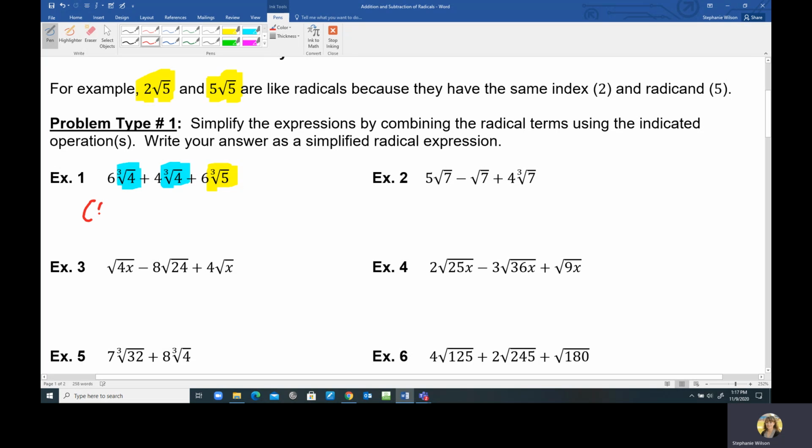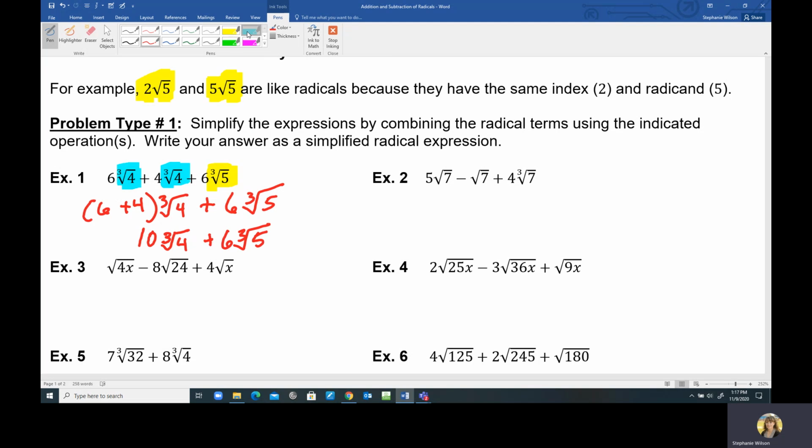I'm going to put in parentheses 6 plus 4 cube root of 4, because those are the two we can put together, plus the 6 cube root of 5. Again, the radicand is the number inside. In this case, it's 5. Cube root is my radical. It cannot be combined with a cube root of 4. So 6 plus 4 is 10 cube root of 4 plus 6 cube root of 5, and that is my final answer.